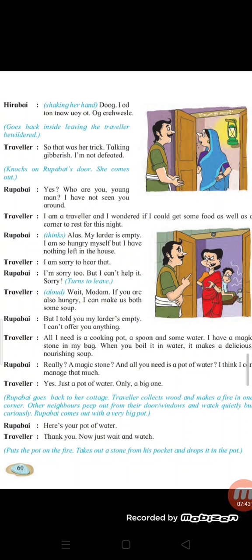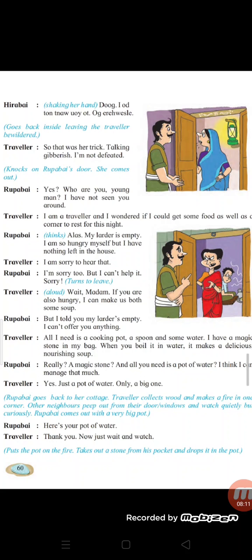So she is saying that even my larder is totally empty and even I am hungry myself. My tiffins, my boxes, where she keeps the food, are totally empty. She doesn't have anything.